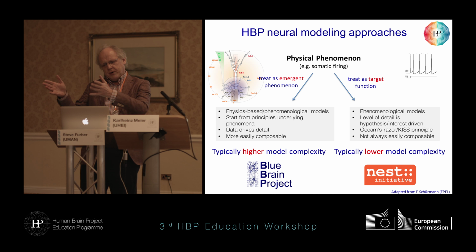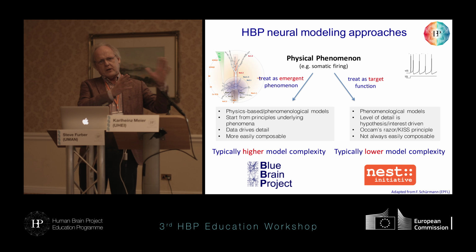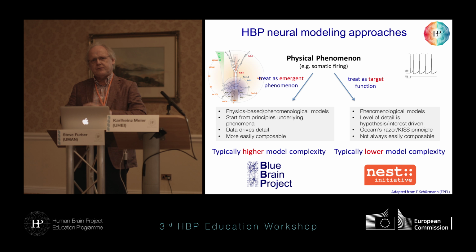The other approach based on conventional supercomputers is exemplified by the kind of work done previously in the NEST initiative. And here, you look at the biology, you look at the function, and you treat the function as the target of the simulation.